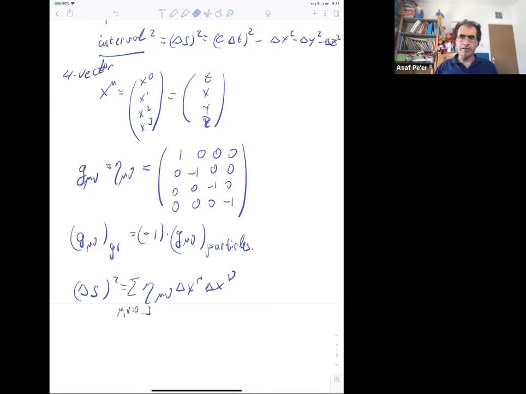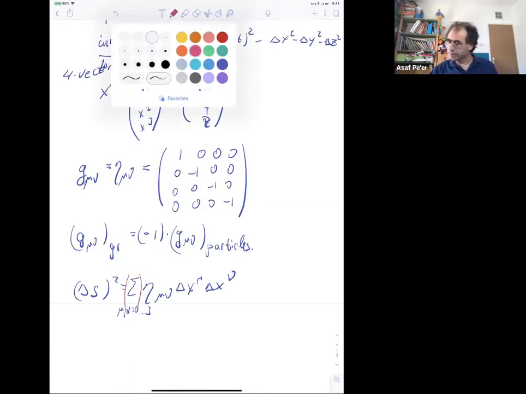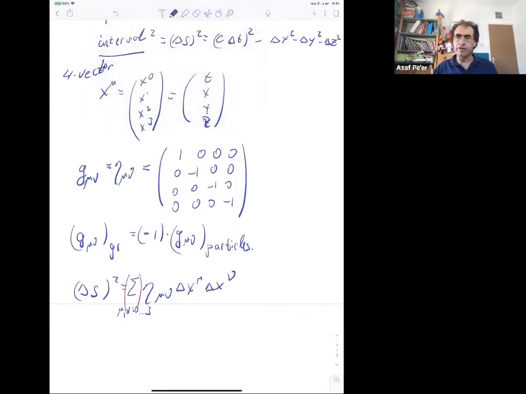So we don't need to write the summation; we can simply ignore it. But if you're confused, then you put back the summation.